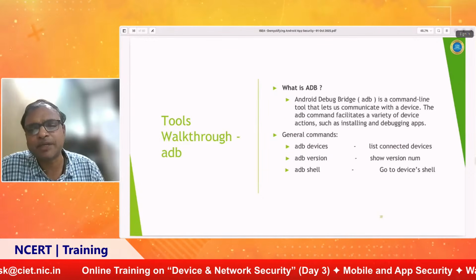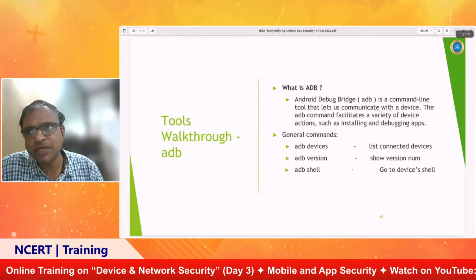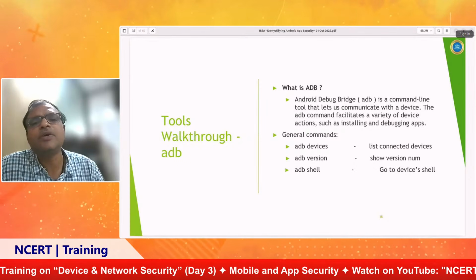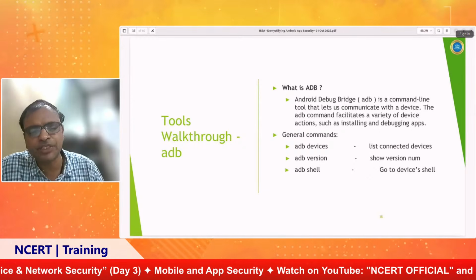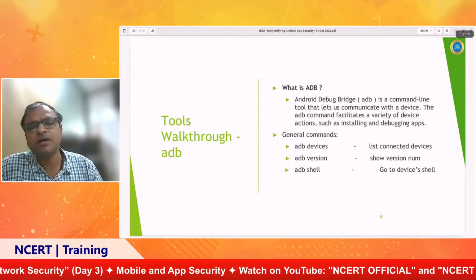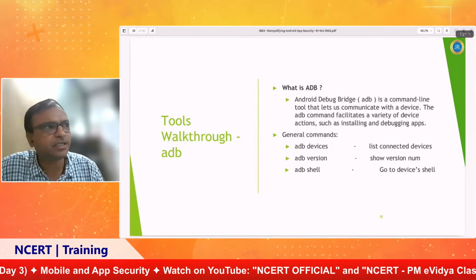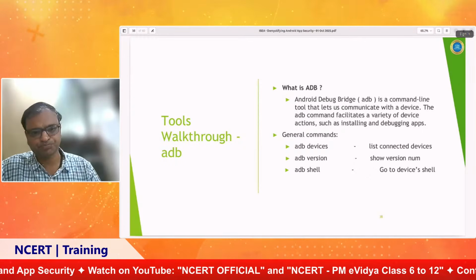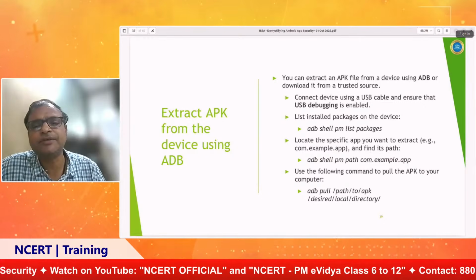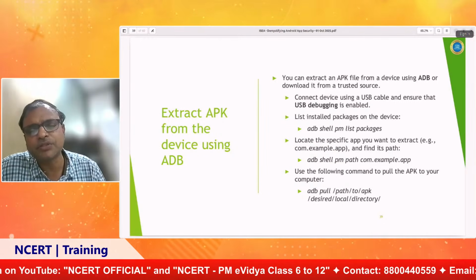ADB is the Android Debug Bridge, a command line tool on Linux machines, and we can run certain commands like adb devices, adb version, or adb shell, which will provide the information of the devices, the version of ADB, and the information of the devices which are connected to the PC.